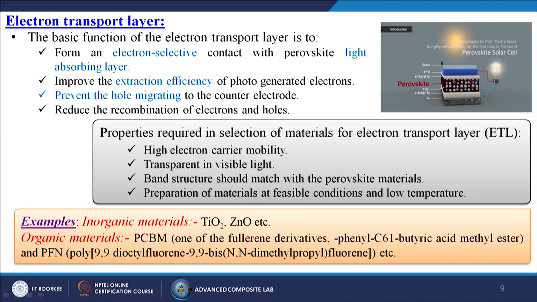The examples are inorganic materials like titanium dioxide, zinc oxide etc., and organic materials like PCBM, one of the fullerene derivatives called phenyl C61 butyric acid methyl ester, and PFN, poly 9,9-bis(N,N-dimethylpropyl) fluorene etc. So, it is a complex kind of structure we can say.